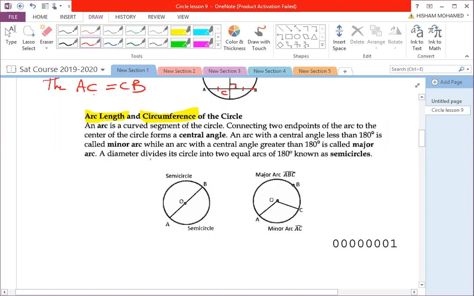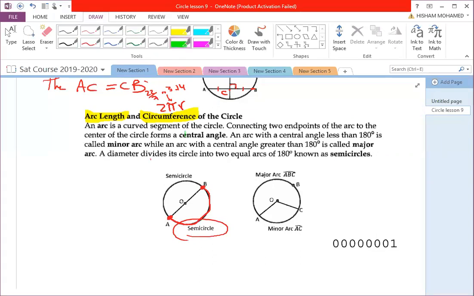The circumference of the circle is 2 pi r, and pi here is approximately 3.14 or 22/7. The arc which represents half of the circle is called a semicircle, like AB from the left or AB from the right.